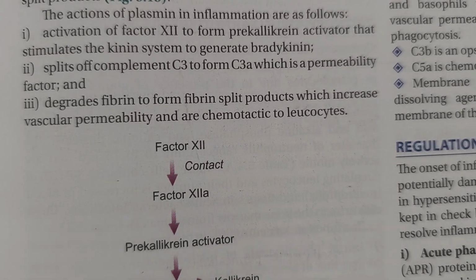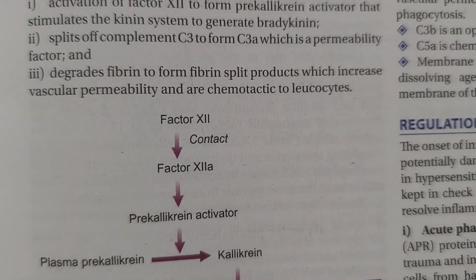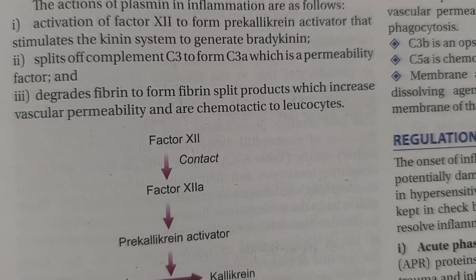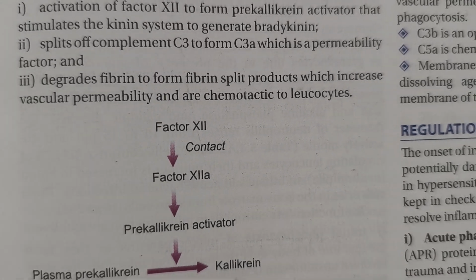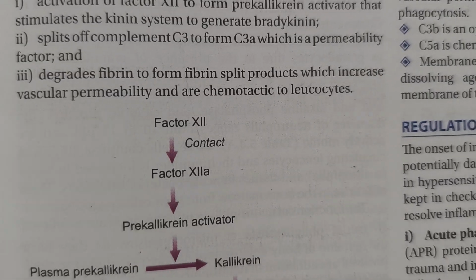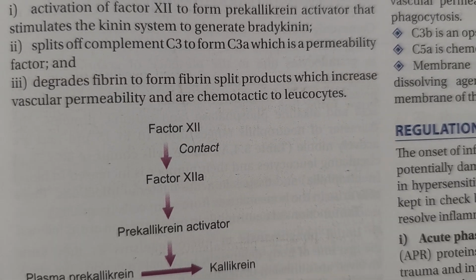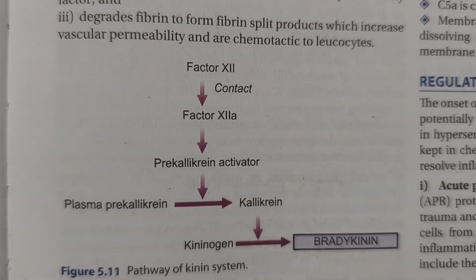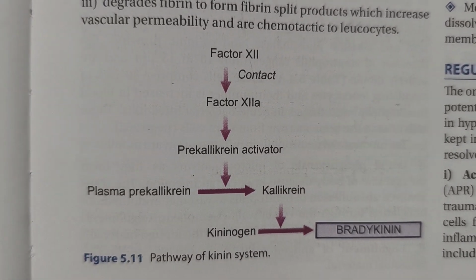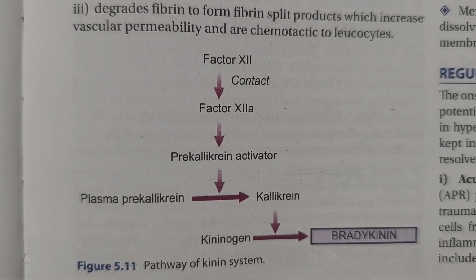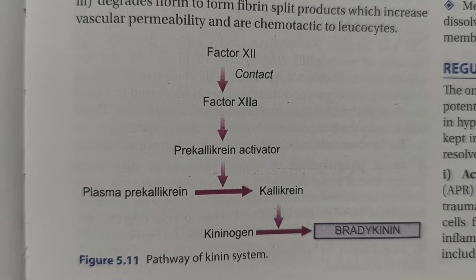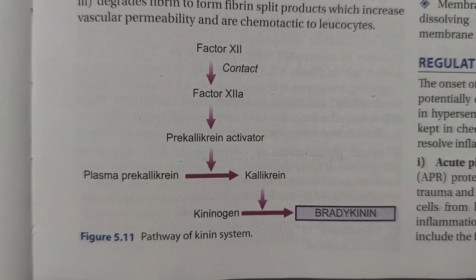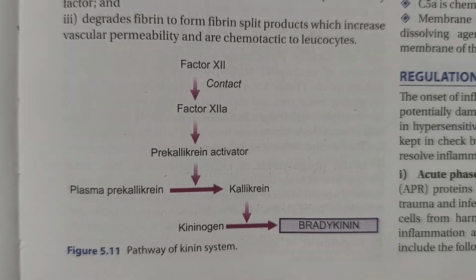So first there is production of bradykinin, then split of complement C3 to form C3a, which is a permeability factor, and degradation of fibrin to form fibrin split products, which increase vascular permeability and are chemotactic to leukocytes. So as factor 12 activates prekallikrein activator, plasma prekallikrein is converted to kallikrein, which acts on kininogen to form bradykinin.